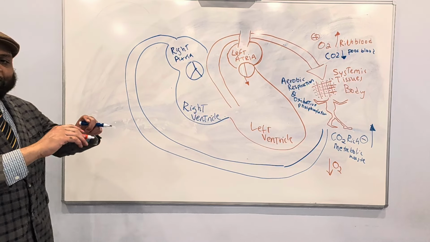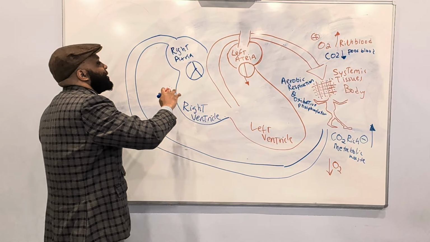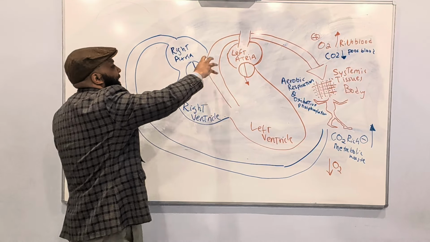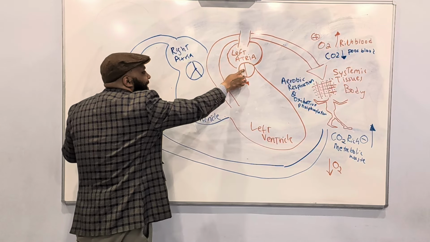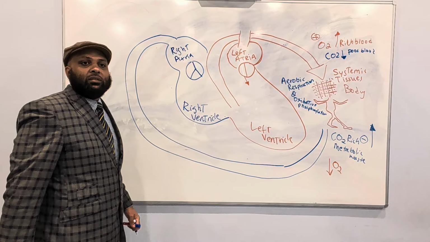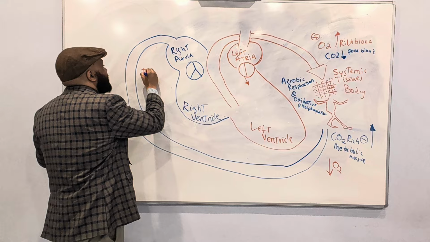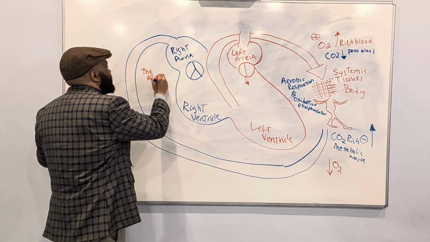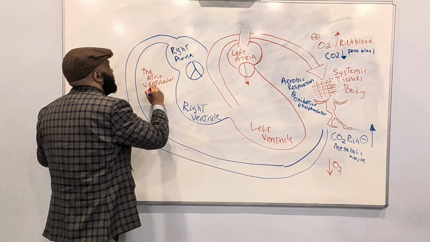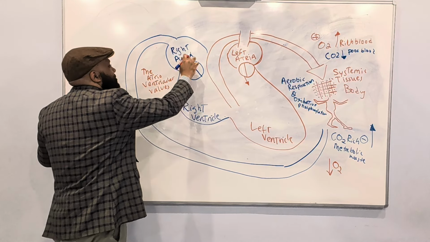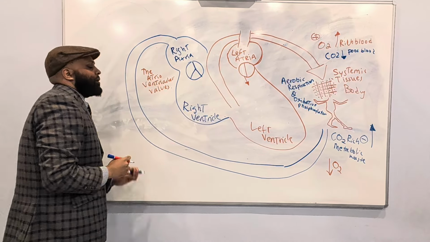We give them a general name, the atrioventricular valves, because they are between the atria and the ventricle. Both of them have one name in common.